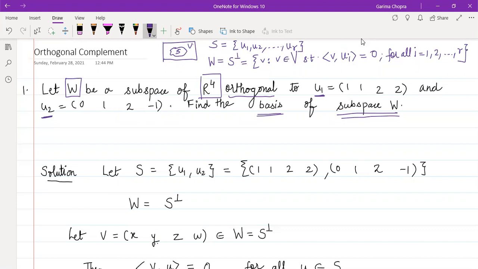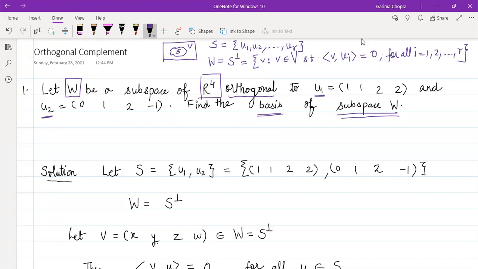Such a collection of vectors v forms the orthogonal complement of the subset S. And this orthogonal complement W satisfies all the properties of the vector space, so this W is a subspace of this inner product space V.